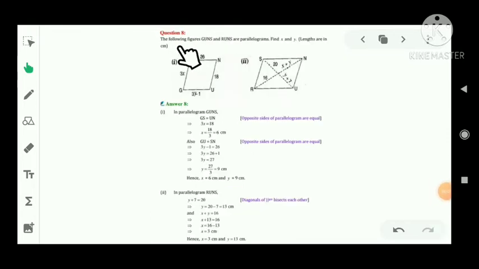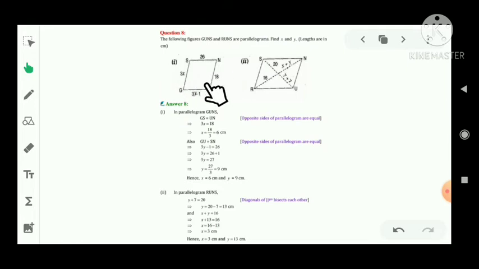Question number 8: the following figures, GUNS and RUNS, are parallelograms. That means this figure and this figure both are parallelogram figures, and in these figures we have to find the values of x and y which are given in the lengths. Let's see the first figure. You can see GS value is 3x and NU value is 18.